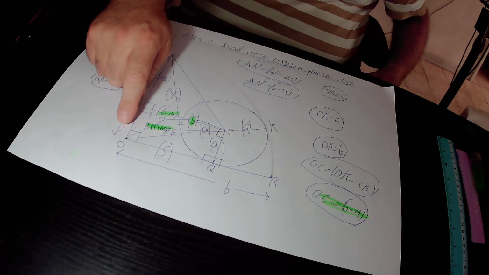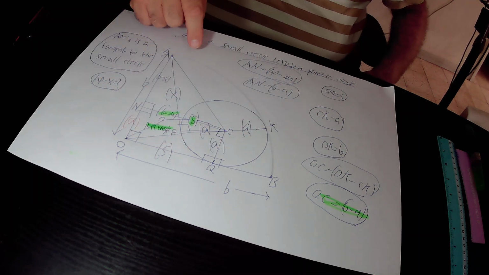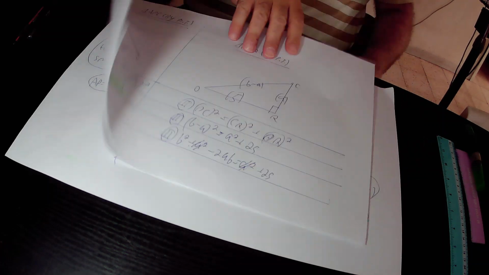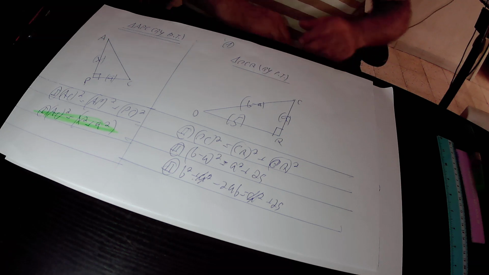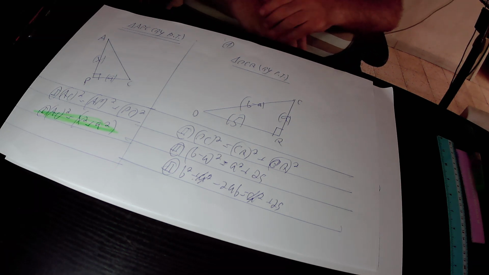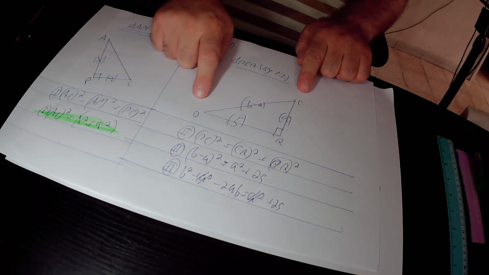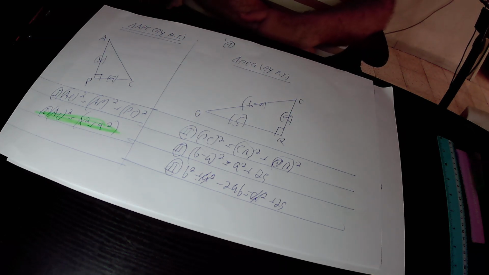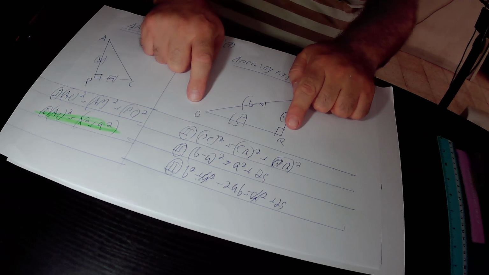In the next step, I take the right triangle OCQ into the new page and implement the Pythagoras theorem on this right triangle OCQ. This is the right triangle OCQ taken from the original drawing. We just found that OC, the hypotenuse, equals B minus A. CQ is the radius of the small circle, that is A. OQ equals 5 units, according to the question.